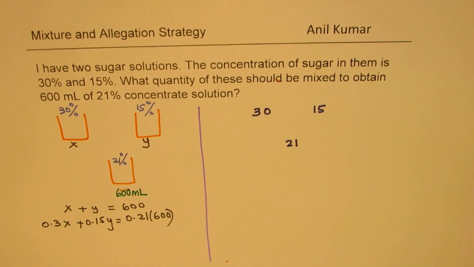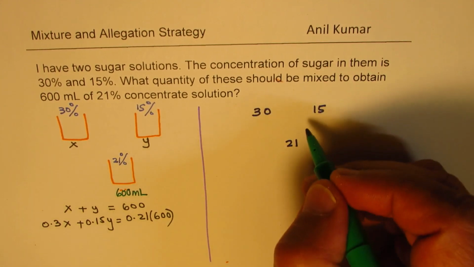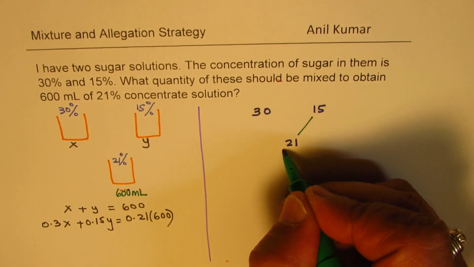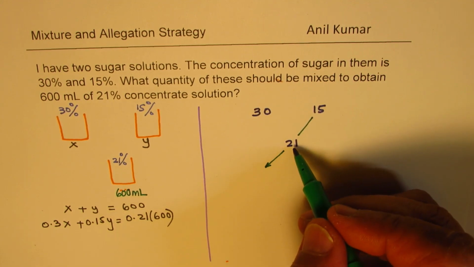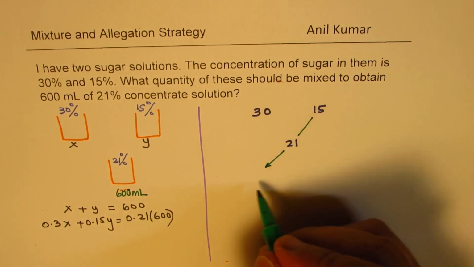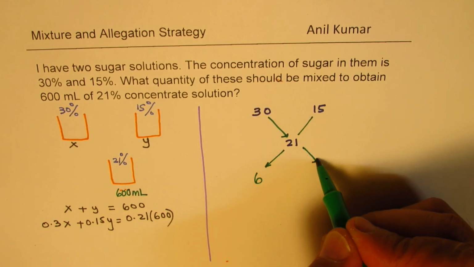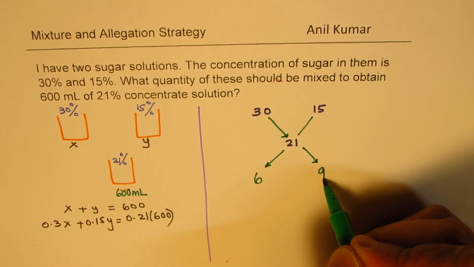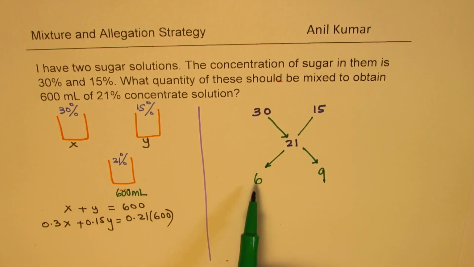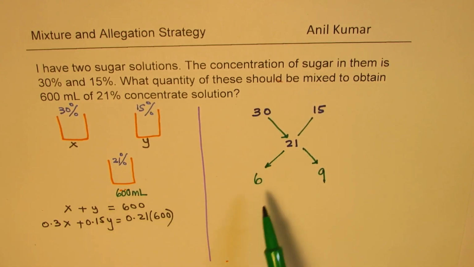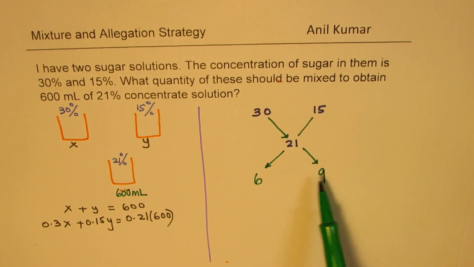Now, let's find the difference. 21 is bigger, so 21 minus 15 is 6. How about 30? That will give you 9. So basically, for every 6 units of 30% solution, we have to add 9 units of 15%. Is that clear? So those are the quantities.